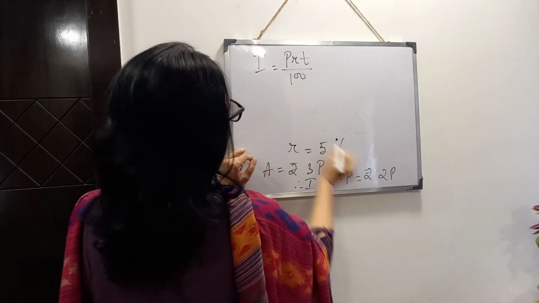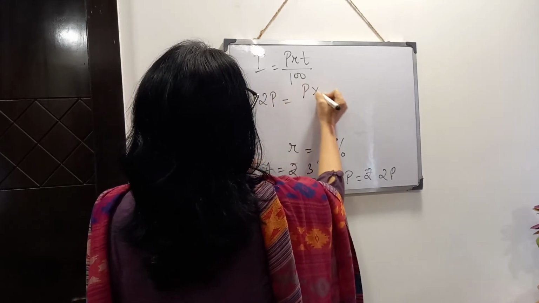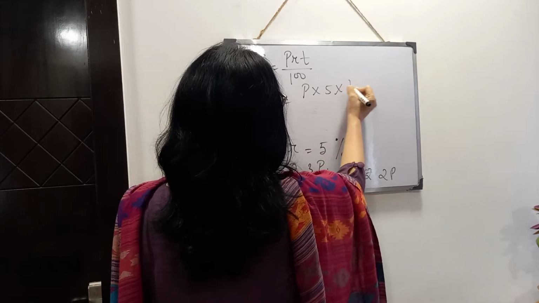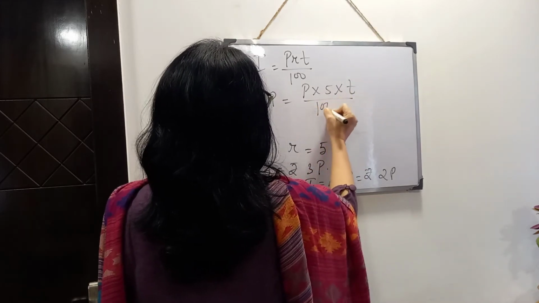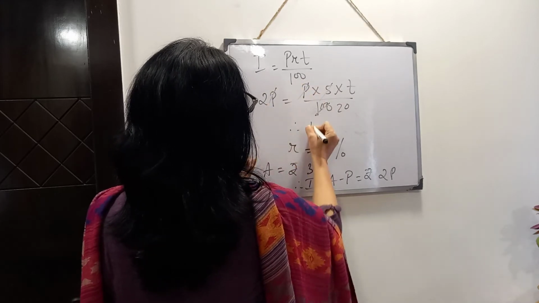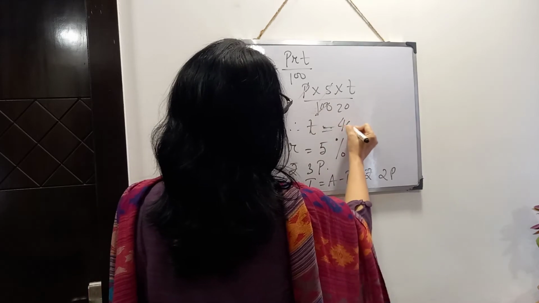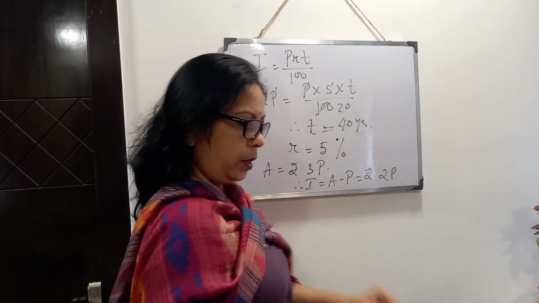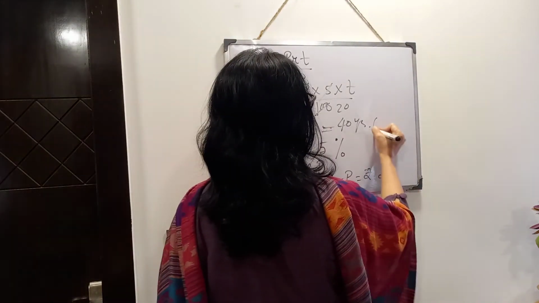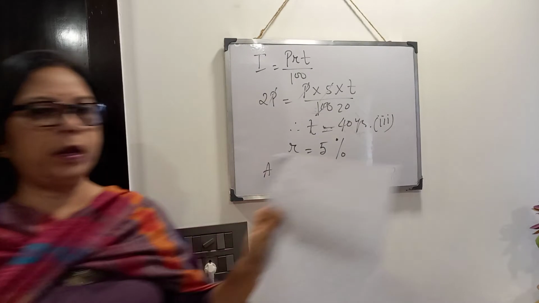Here interest is 2P, principal is P, R is 5%, T is unknown. P cancel out. Therefore, T is coming 20 into 2, 40 years. Here your option is number 3. Third option is correct. T equals to 40 years.